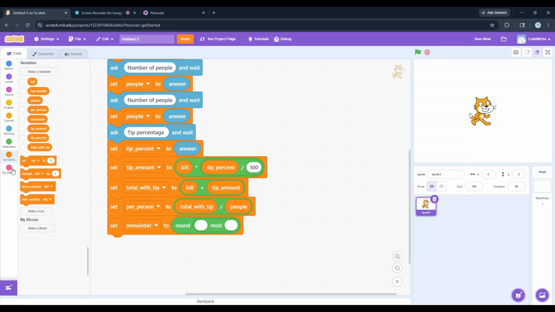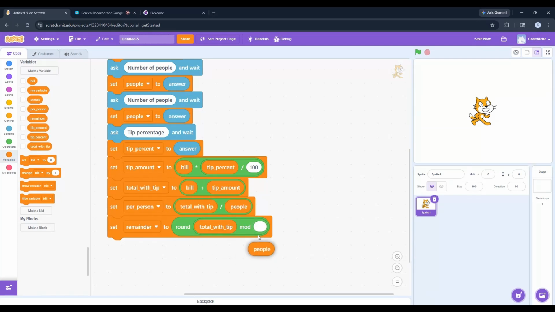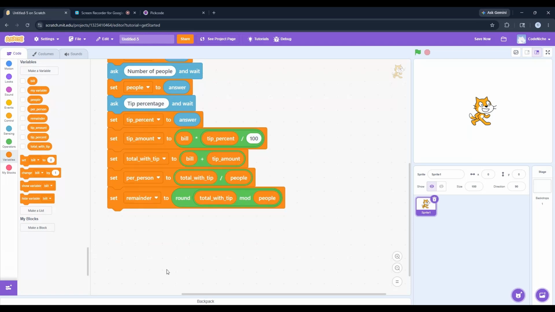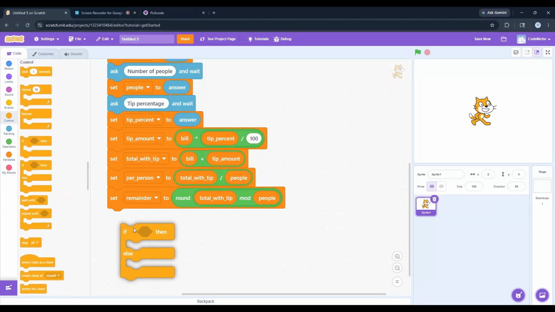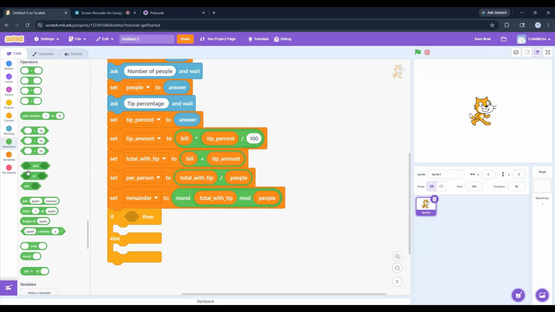Now let me just get the variables: total with tip, modulo, people. There we go. Now this is something good. I mentioned that we would also be using the comparison operator, because we need to display that if the remainder value is greater than 0, the split did not happen evenly.